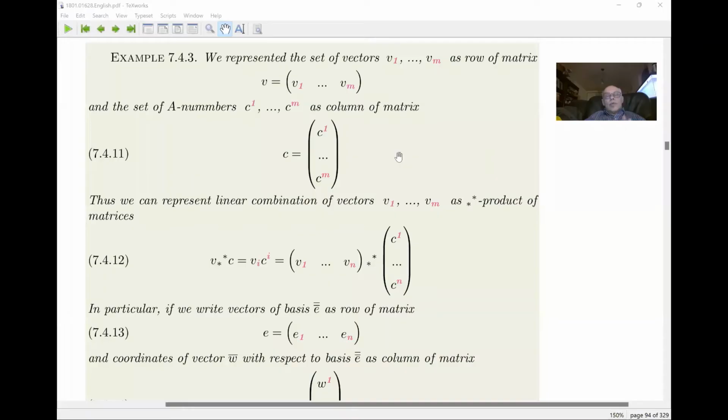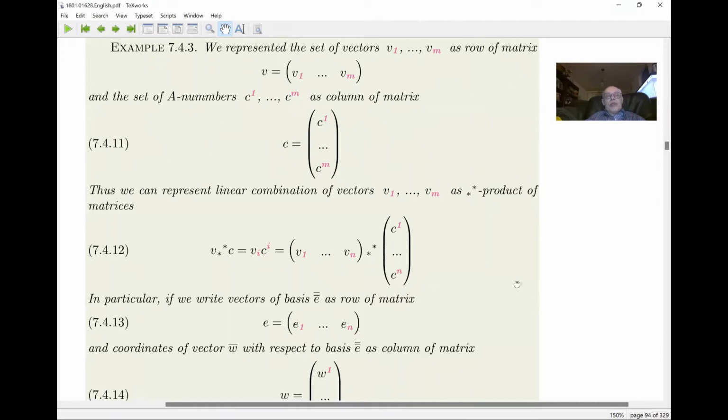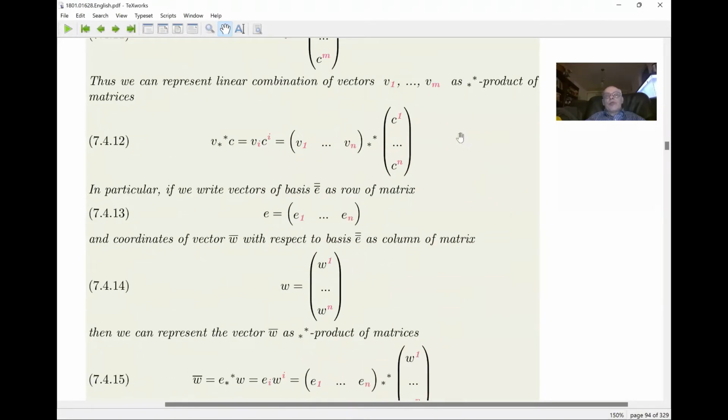We considered two types of left vector space. Similarly, we can consider two types of right vector space. Now we consider the right vector space. We represent set of vectors v1, ..., vm as row of matrix V, and a set of A numbers c1, ..., cm as column of matrix C. Thus, we can represent linear combination of vectors v1, ..., vm as RC product of matrices 4.12.